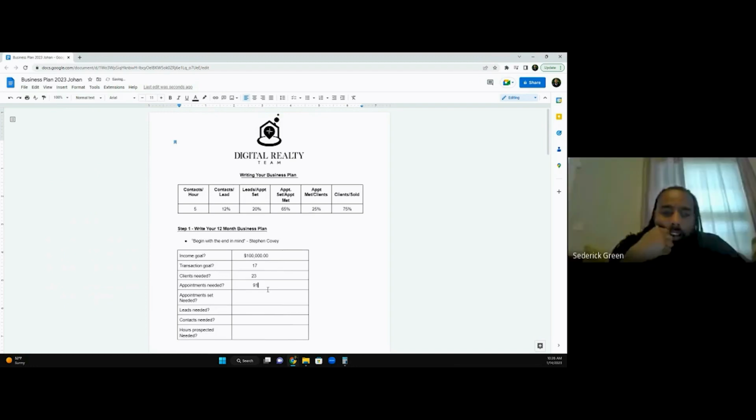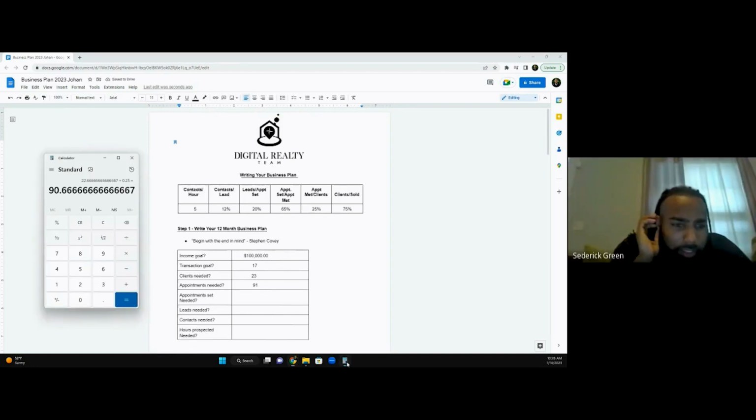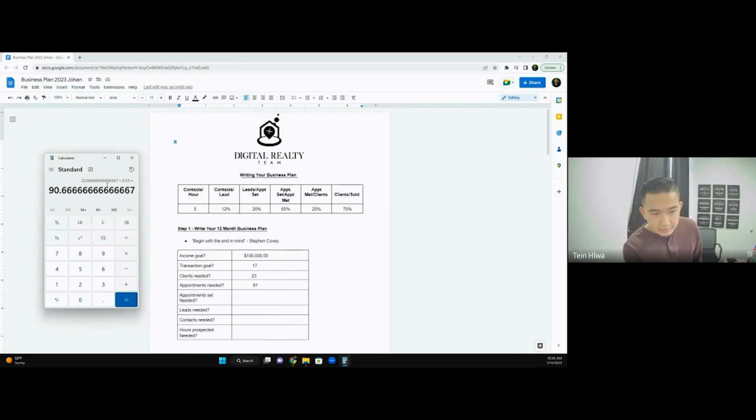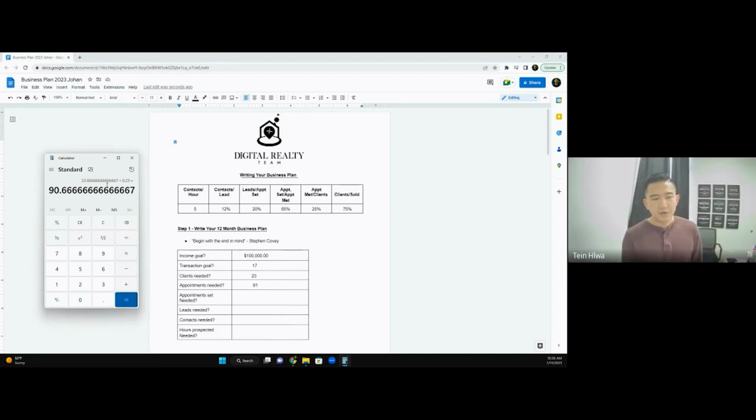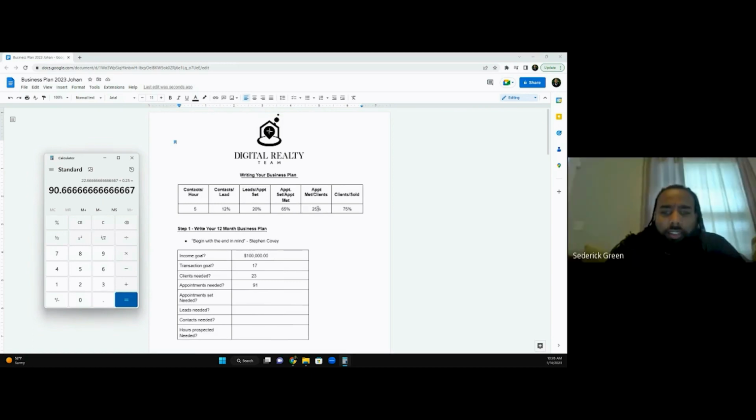What was the calculation again for that? Appointments needed is going to be your clients needed divided by your appointments met to clients ratio. The appointment met to client ratio could be the equivalent of you meeting with a buyer, getting a buyer agreement, so it's divided by this 25%.